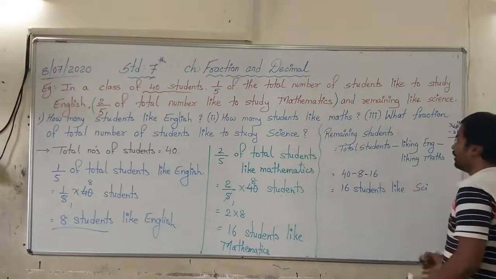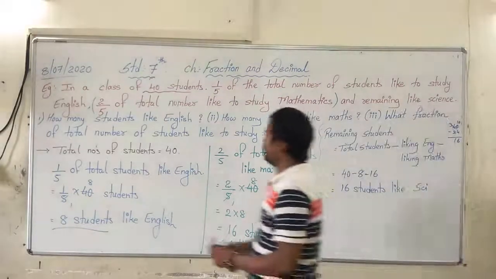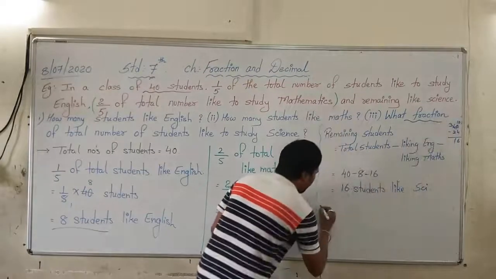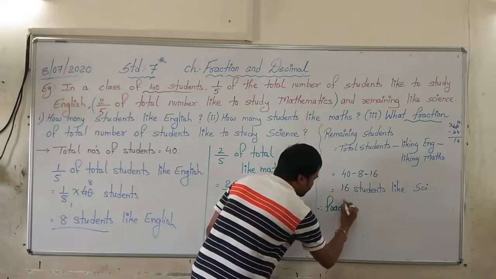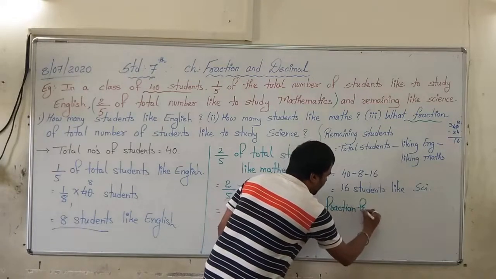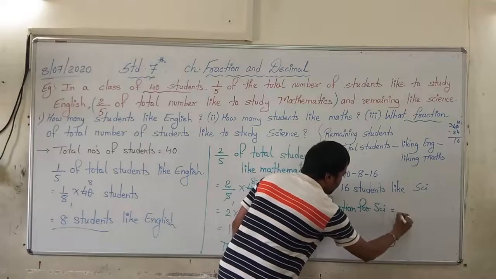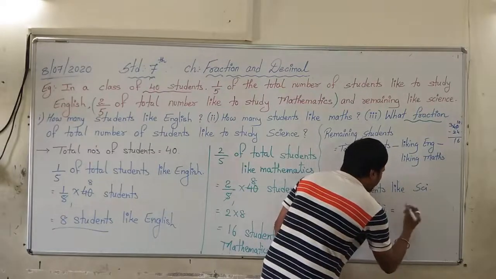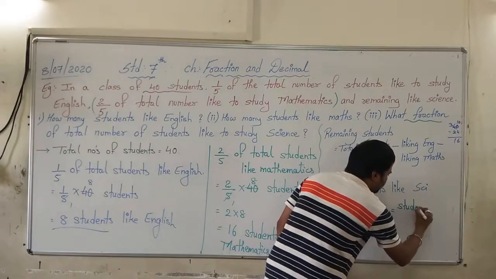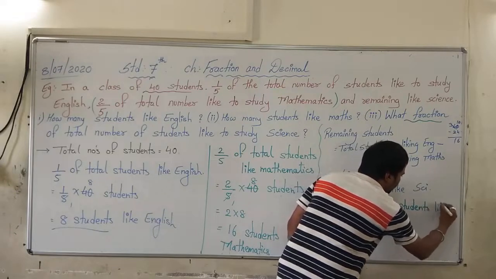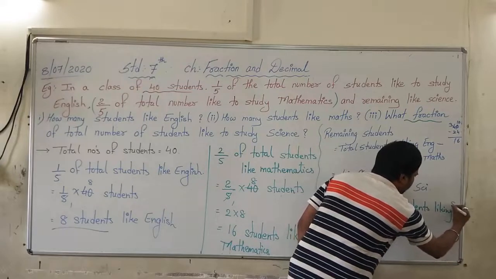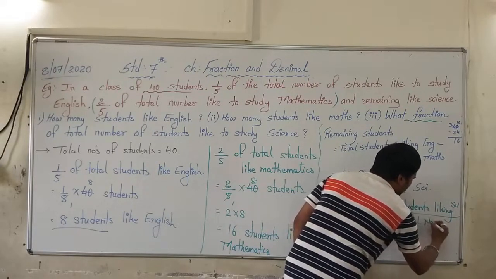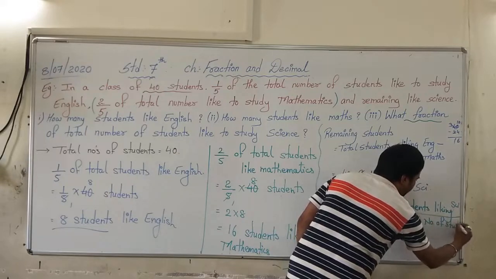Therefore, what we have to find is what fraction of students. So the fraction for science is equal to students liking science upon total number of students.